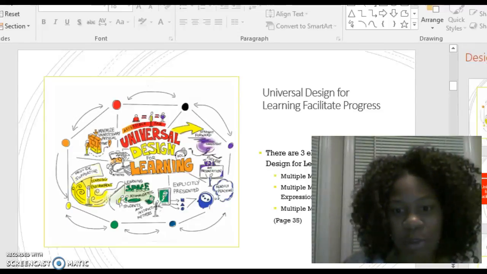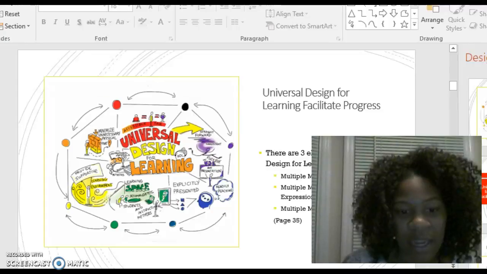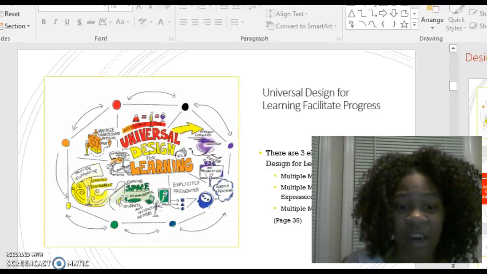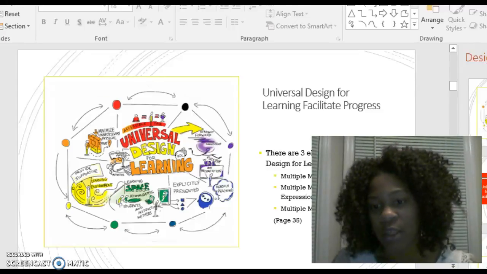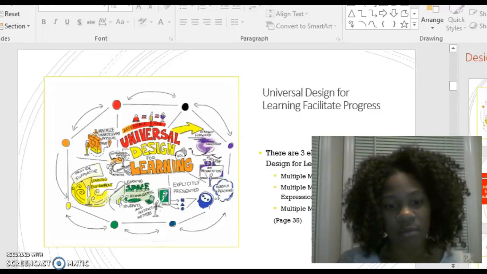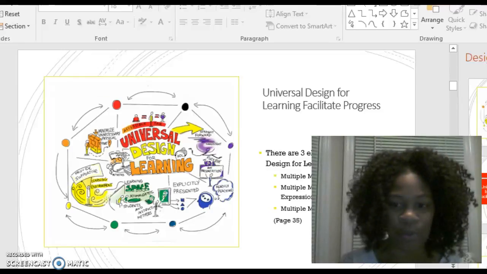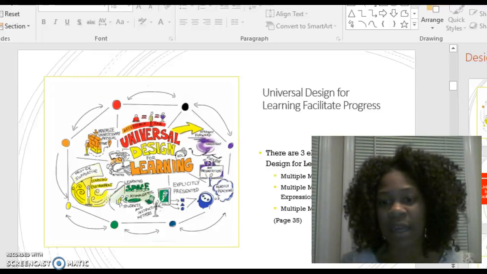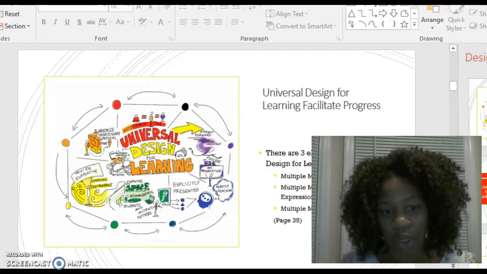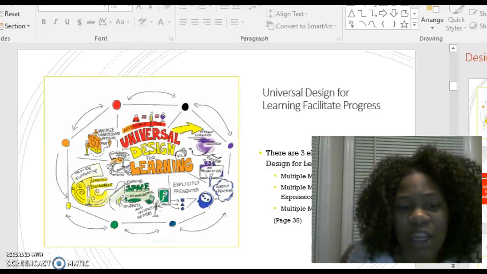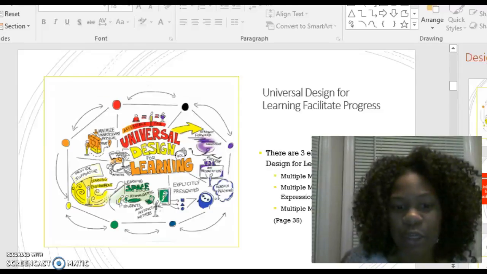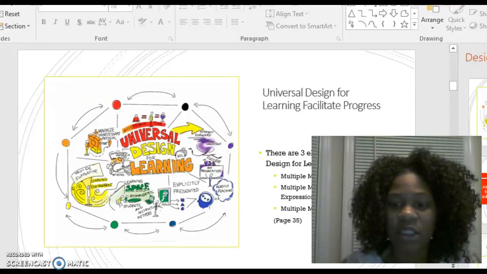So the first one, multiple means of representation, is saying how will you as an educator illustrate the content you're wanting the student to learn by incorporating the UDL. So are you going to do it through books, through graphic organizers? What means are you using? The second one, multiple means of action and expression, just deals with how materials provide various ways for your pupils to show their knowledge.